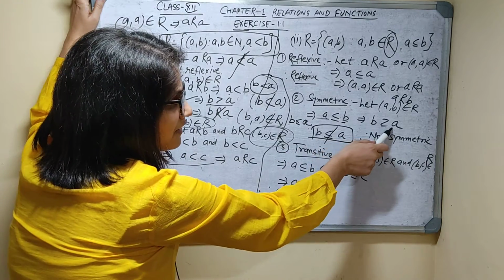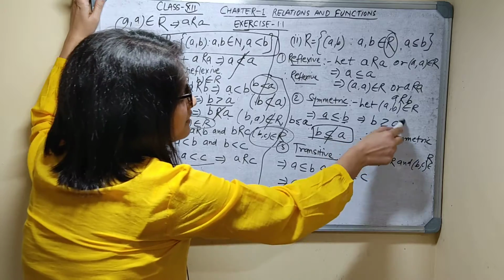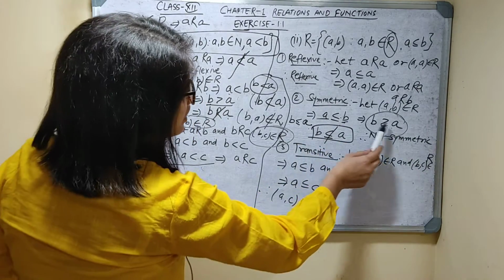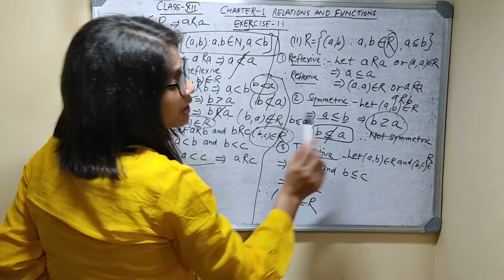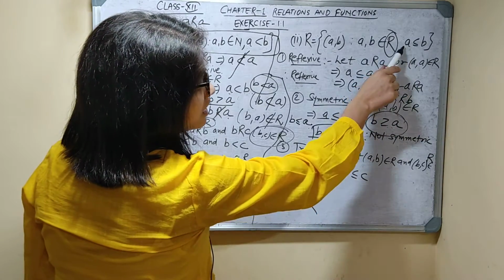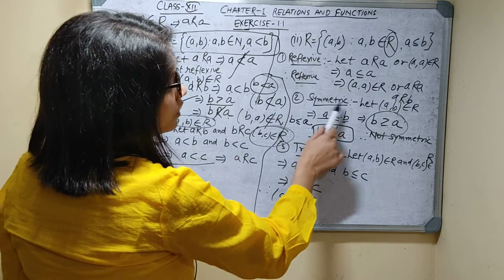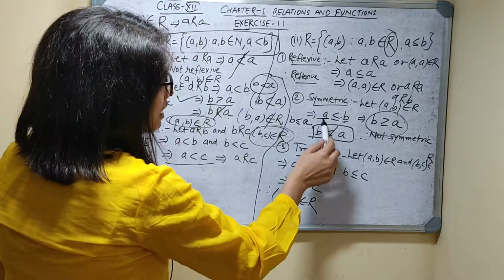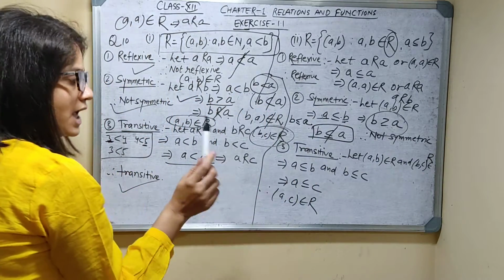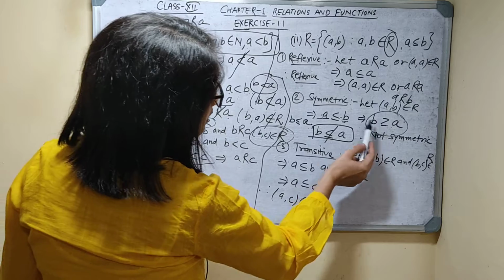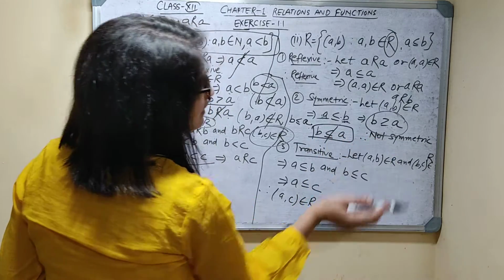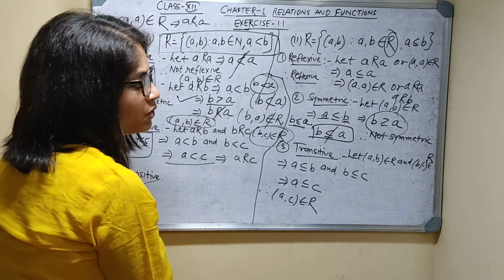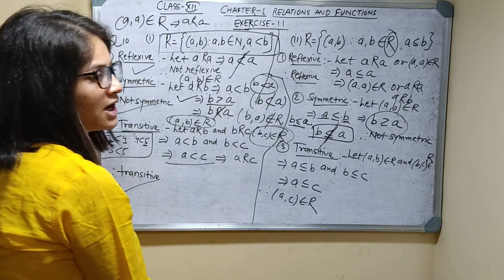No. b is greater than or equal to a. If I interchange a and b, the sign will also change. So the relation is not true for (b, a) when I change (a, b) to (b, a). But according to the relation, I want b is less than or equal to a, but it is not. b is not less than or equal to a.